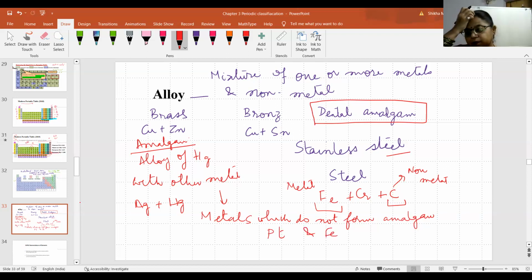Pt is the symbol of, can anybody tell me? Platinum. Pt is platinum, correct. Platinum and iron are the two metals which do not form amalgam with the mercury. Is it clear?